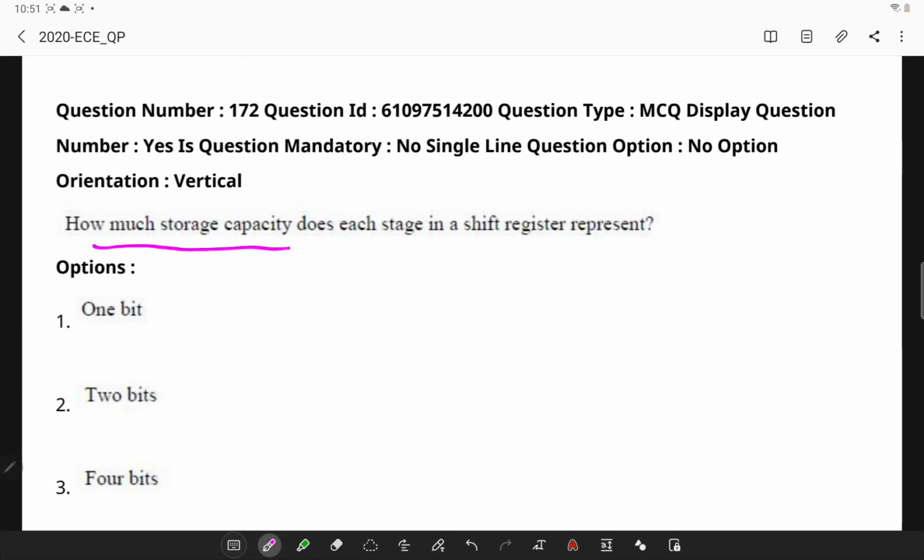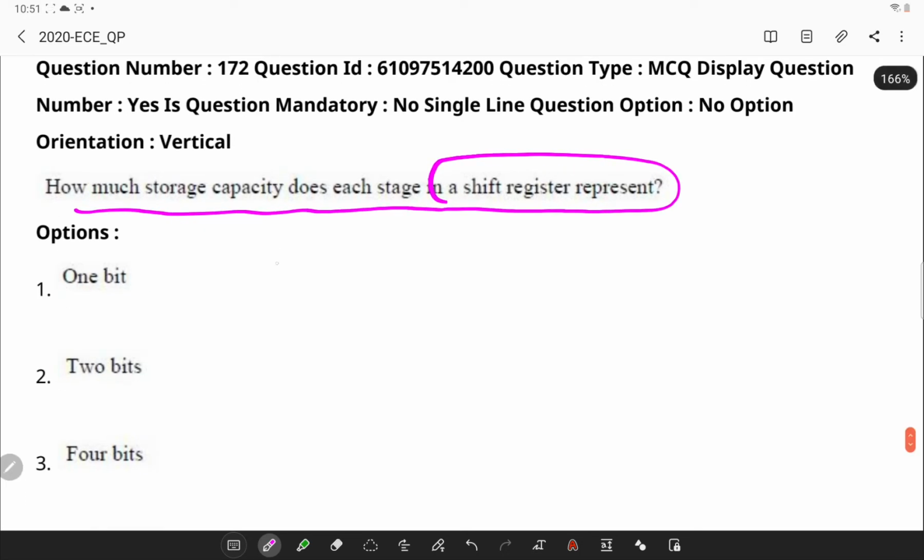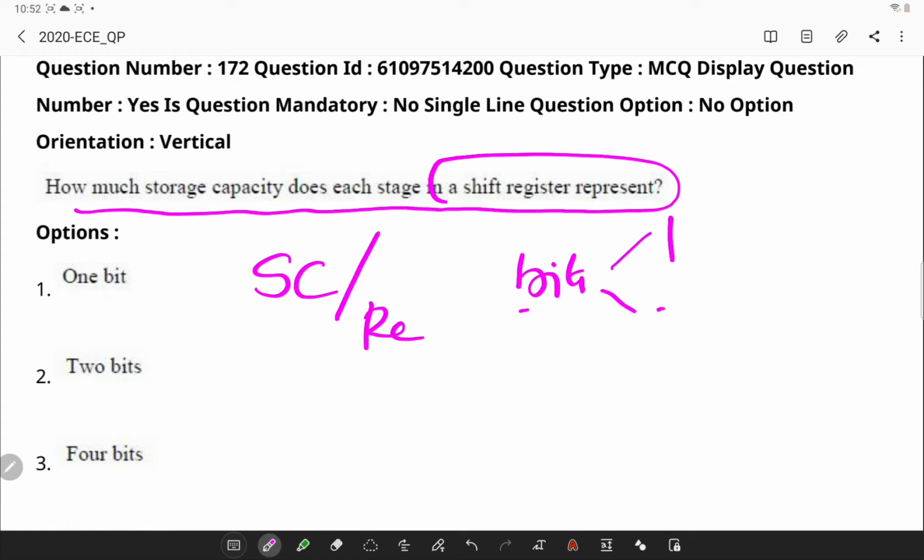How much storage capacity does each stage of a shift register represent? The storage capacity of a register is the total number of bits, either 1 or 0, of digital data it can retain. In each stage of a shift register you will have a flip-flop, which represents one bit of storage capacity.